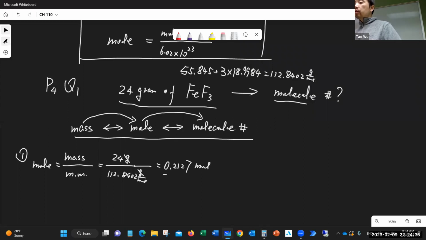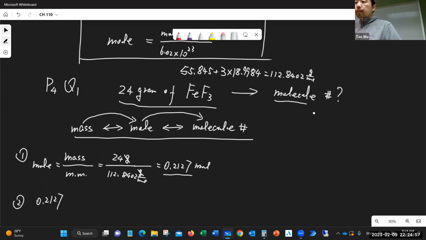Since this number is not a final number, it's an intermediate number, we're going to keep it as long as possible. And then the second step is we're going to convert mole to molecules.